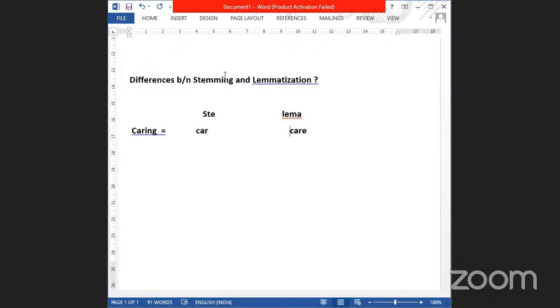Sometimes the same word can have multiple different lemmas. We should identify the part of speech tag for the word in that specified context. So this is the example for that.